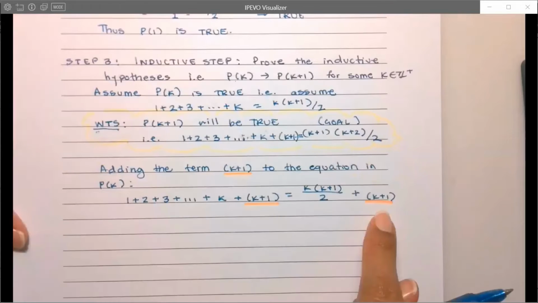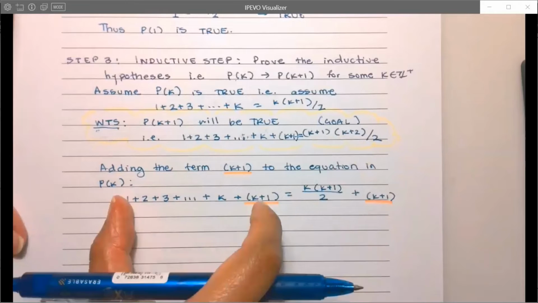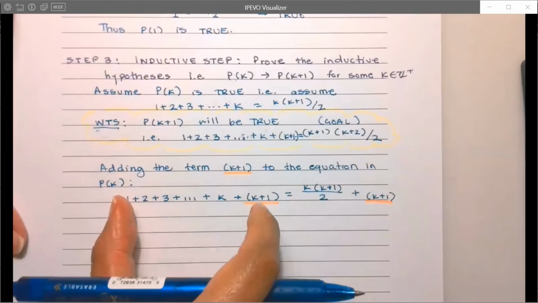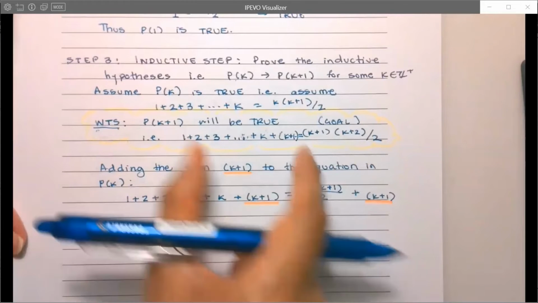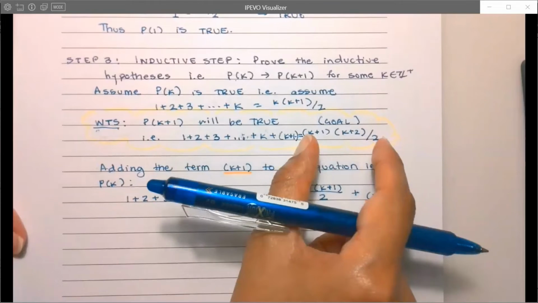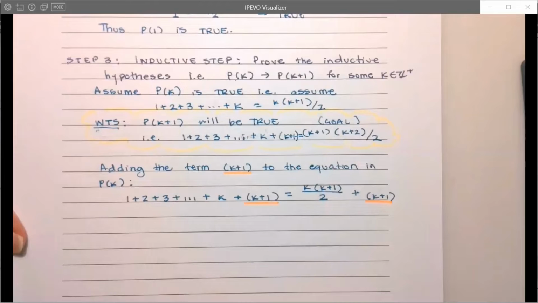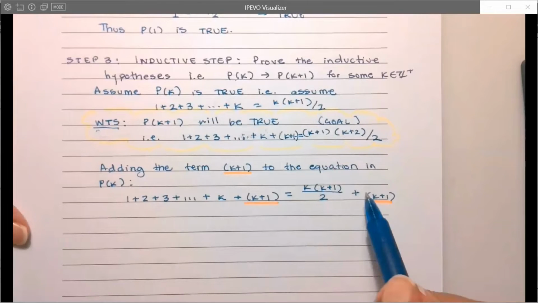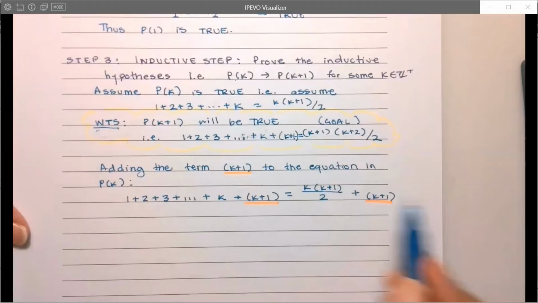Once I add the k plus 1, I don't have to do anything to the left-hand side because it already looks like the goal. I have to work on simplifying the right-hand side so that it looks like k plus 1 times k plus 2 over 2. Let's see. I'm going to write this as 2 times k plus 1 over 2 so that we have the same denominator.